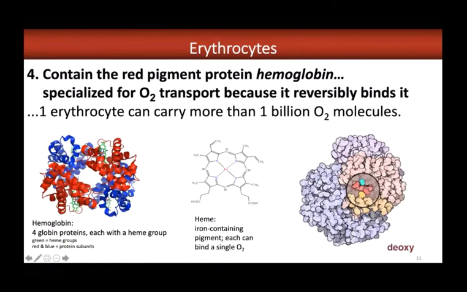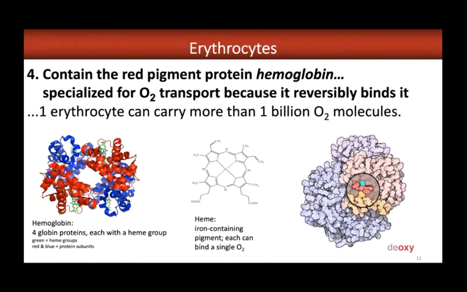The hemoglobin protein has quaternary structure. So remember, there are 4 levels of protein structure. We've got the sequence of amino acids, which is the primary structure.